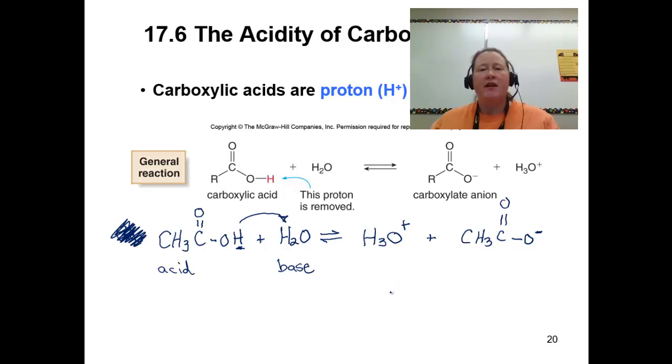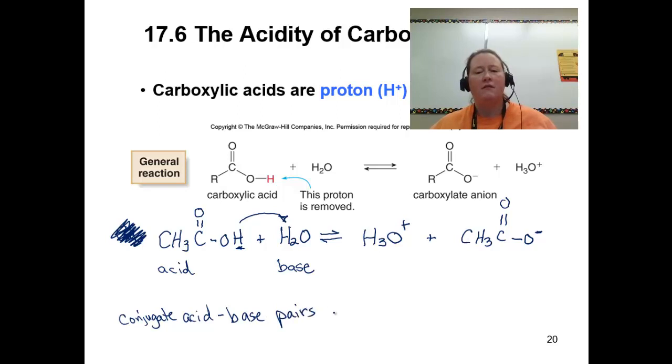Now, to identify the conjugate acid and the conjugate base, to come up with conjugate acid-base pairs, remember that conjugate acid-base pairs differ by one proton. And a proton is a hydrogen ion.